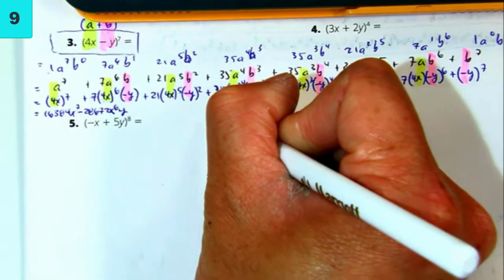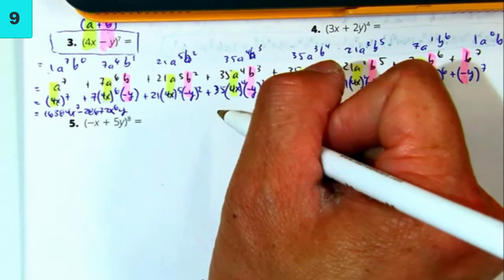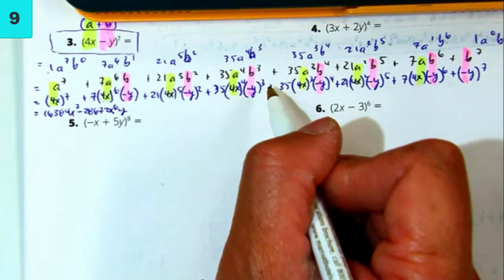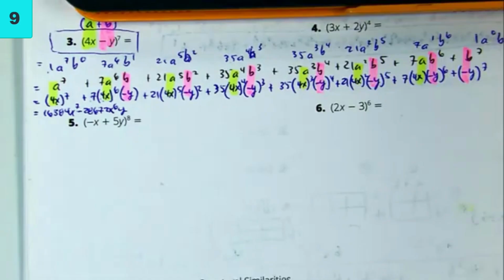I did not get that. 35 times 4 to the 4th power times negative 1 to the 3rd power. Oscar, did you get a number?